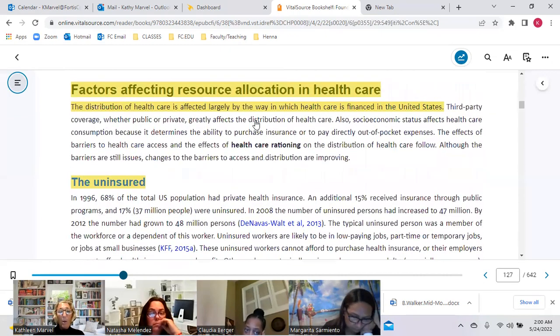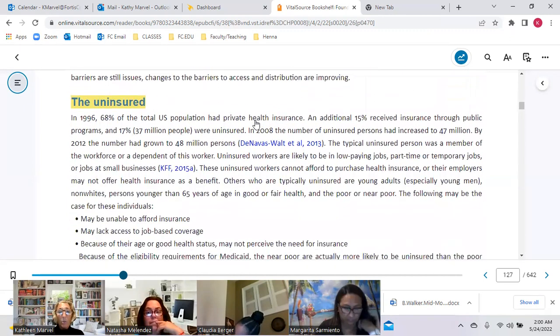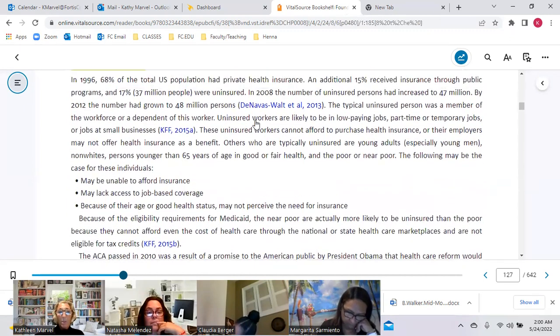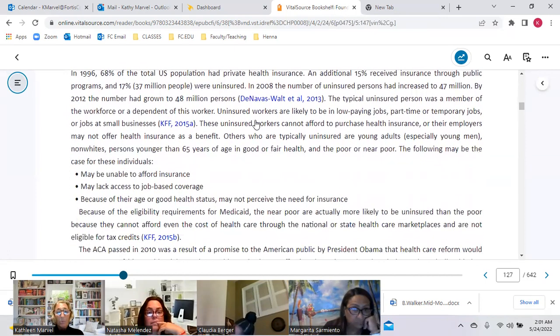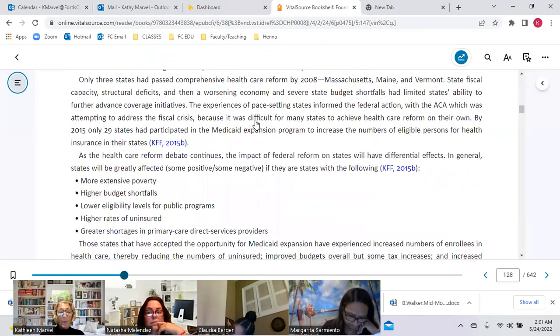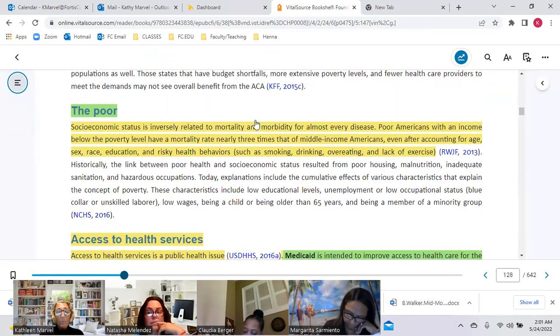What are a couple of big factors that affect the resource allocation? The number one is the uninsured. Uninsured plays a huge part in the cost of healthcare. And then the second factor is the poor.